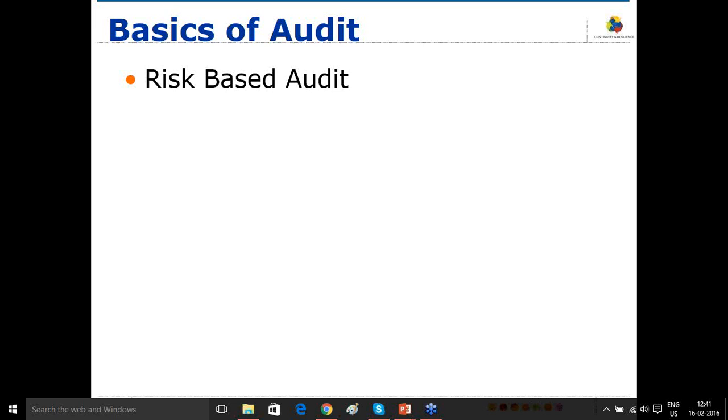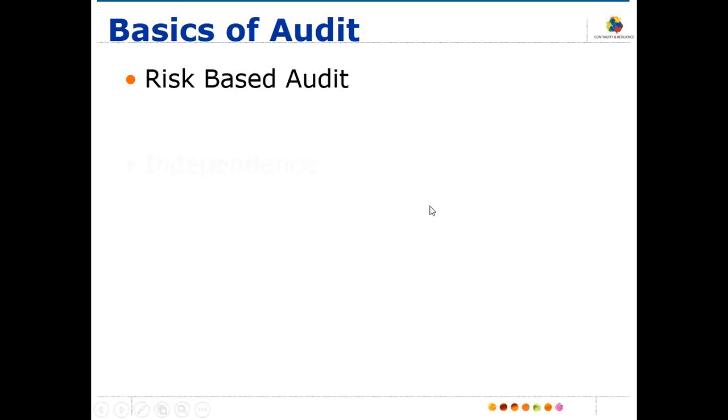Next is independence of the auditor. Now, the auditor has to be independent, that all of us understand, but let us see it more in terms of definition. Auditor independence refers to the independence of the internal auditor or of the external auditor from parties that may have a financial interest in the business being audited.